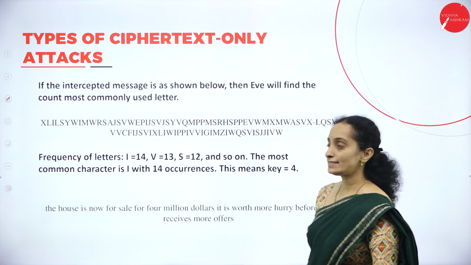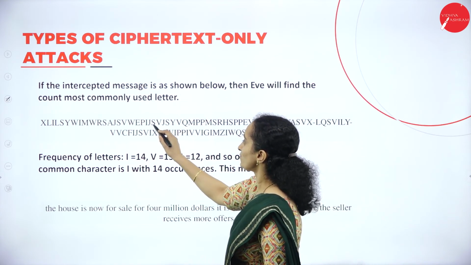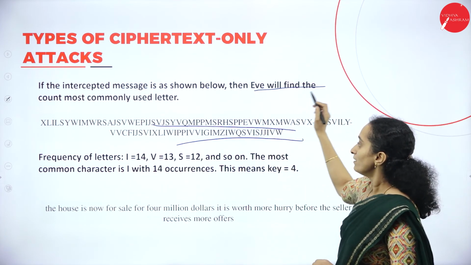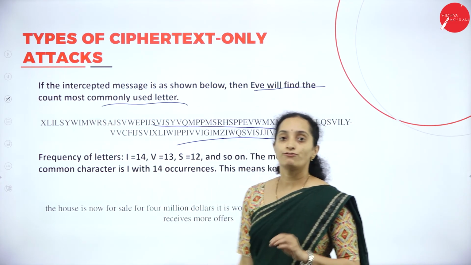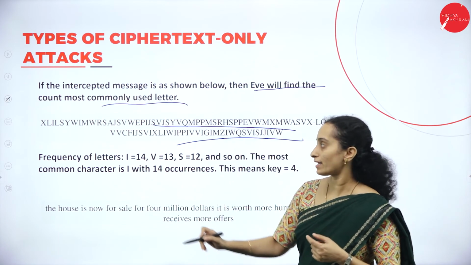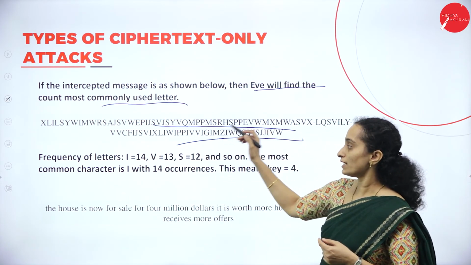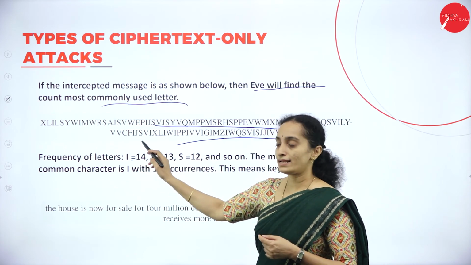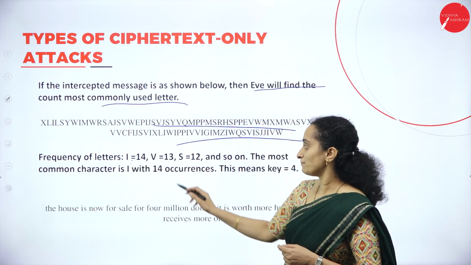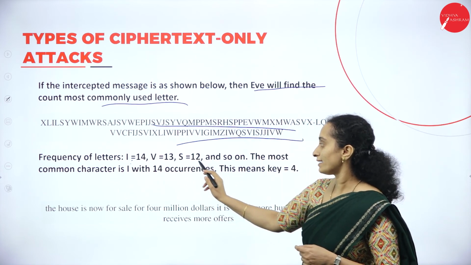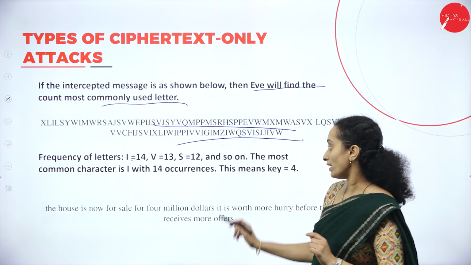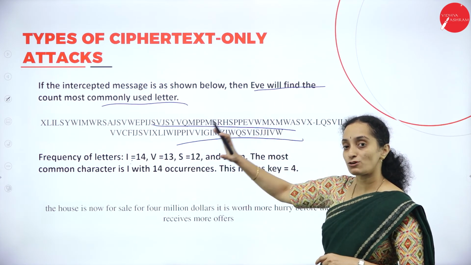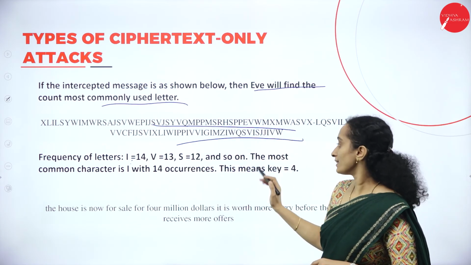If the intercepted message is as shown below, then Eve will find the count of the most commonly used letter. She will go on listing the repetition of the letters, like I is repeated 14 times, V is repeated 13 times, S is repeated 12 times, and like this. She will list out the repetition of all the alphabets in the message.